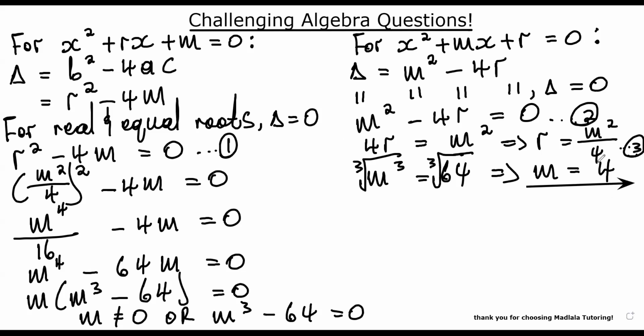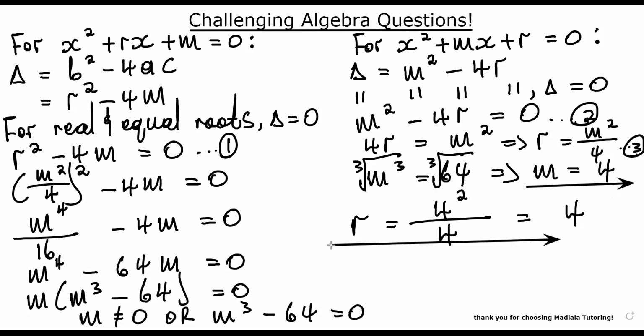So now that we know the value of m, we are going to substitute the value of m into the third equation so that we can get the value of r. And here we can see that r will similarly be equal to 4. So this is what we are getting. And these are the values of m as well as r, for which these two equations will have real and equal roots. Over and out.